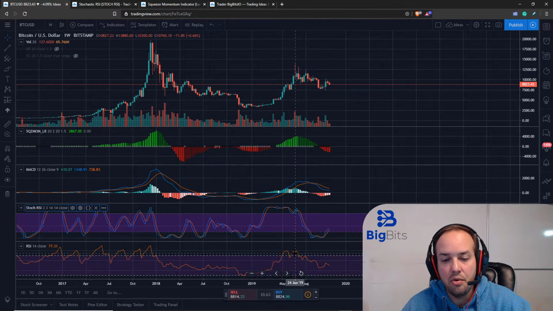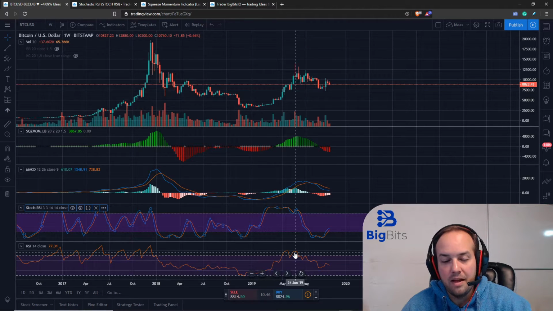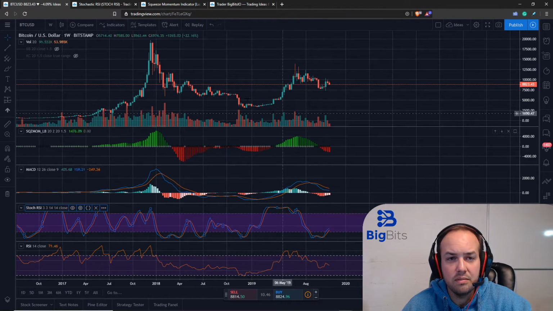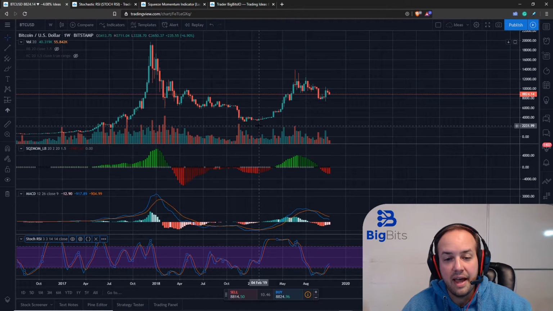So it has to know the previous values of the RSI before it can calculate the stochastic calculation for the RSI. And that's just common sense. You have to actually have the values to be able to calculate the indicator. But now you have a pretty good idea of what's going on, what the RSI is, what the stochastic RSI is.